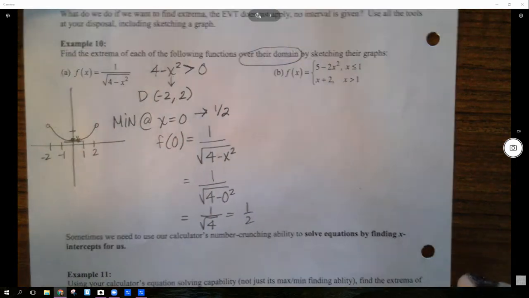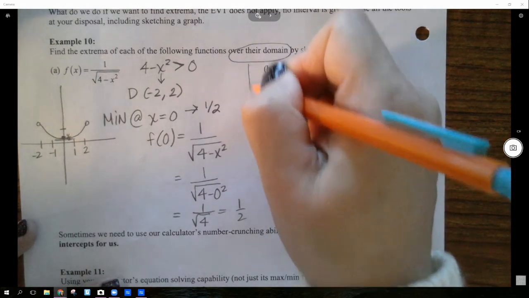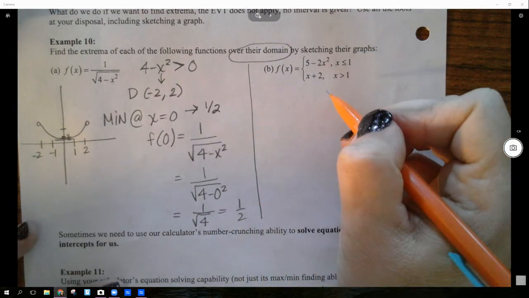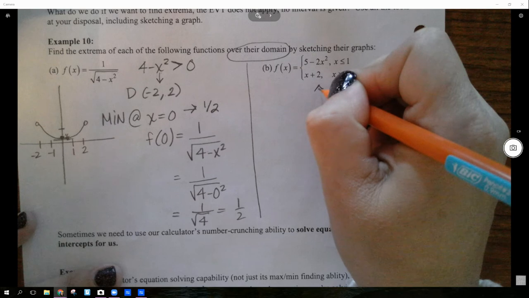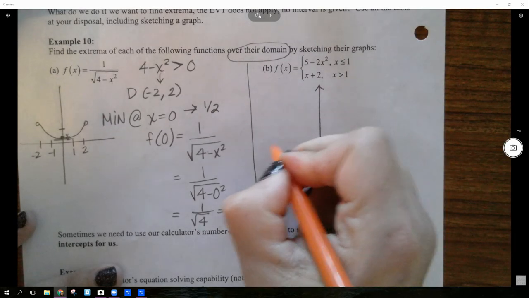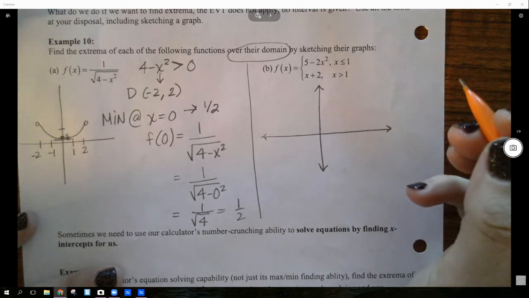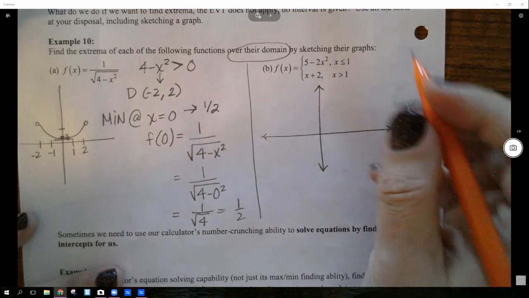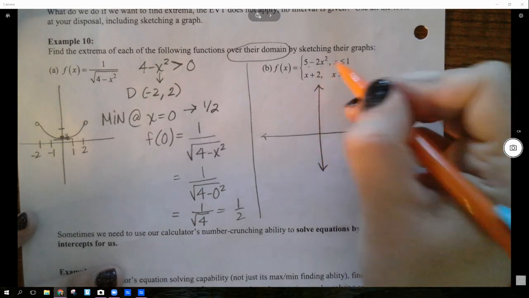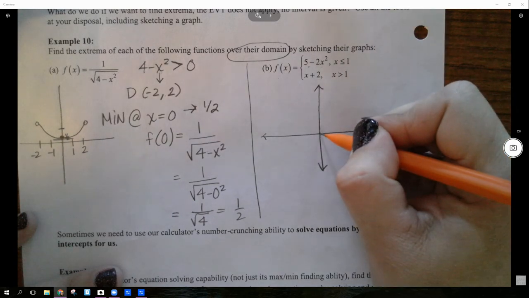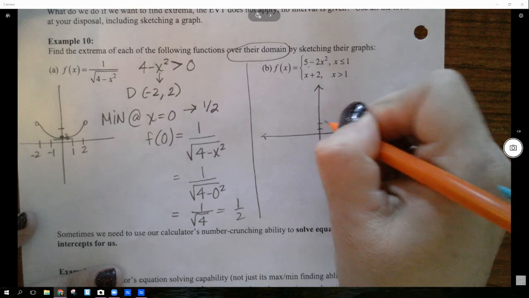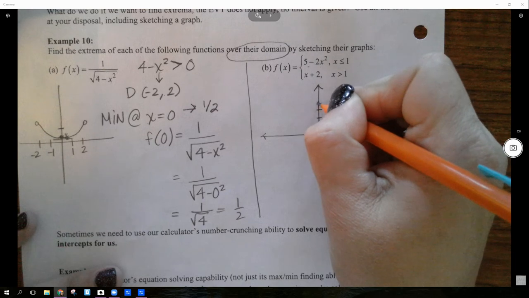All right. For letter B, we are going to do a piecewise function. And so for the piecewise function, you're going to have a parabola that is upside down and then a straight line. So you have 5 minus 2x squared. At 0, this is going to be up 5. 1, 2, 3, 4, 5, like that.